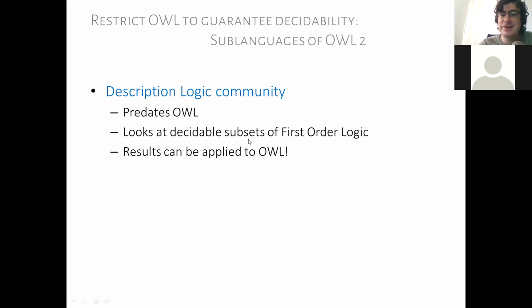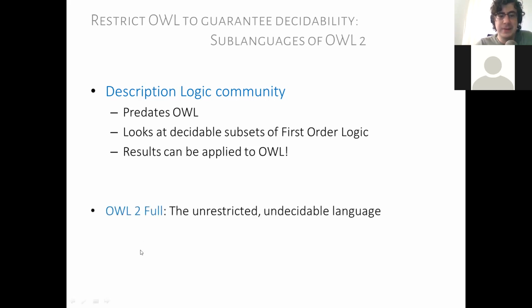And they've studied these sorts of decidable subsets of first order logic, these decidable ways of doing knowledge representation, looking at what is the maximum expressivity of our knowledge representation that we can have, while still being sure that the machine will eventually be able to come up with an answer. And these results can be applied to OWL as well. So they're really interested in decidability. It's sort of like a key aspect of this community.